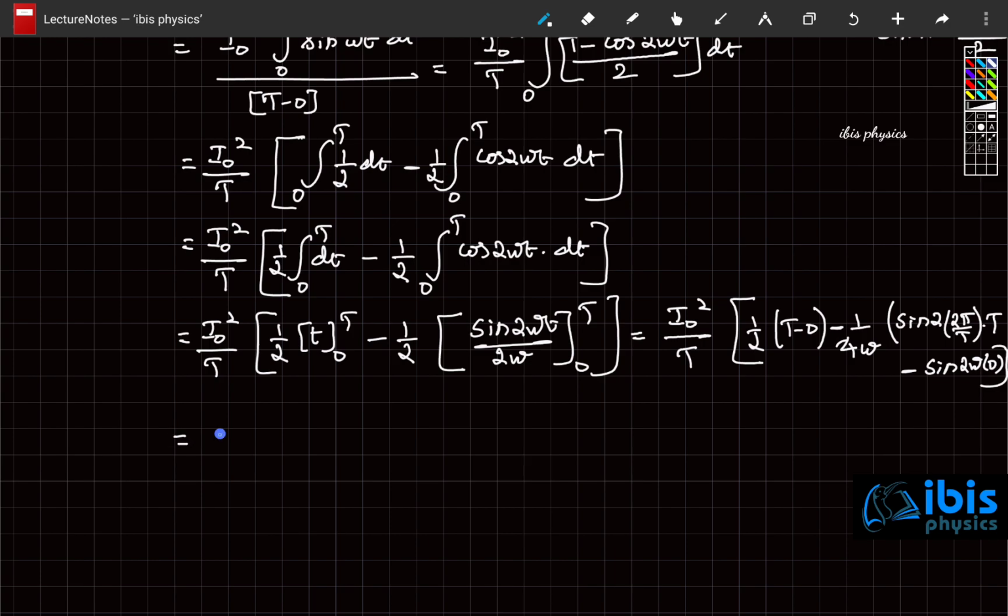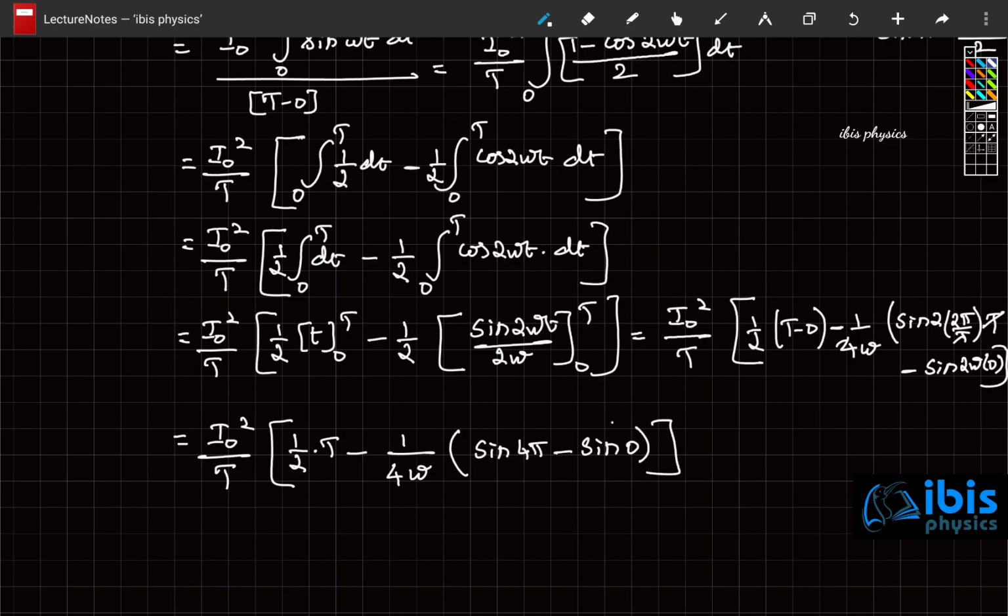Omega is 2 pi by the time period, so 2 omega T is 4 pi. So I naught square by T, half into T minus 1 by 4 omega into sin 4 pi minus sin 0.